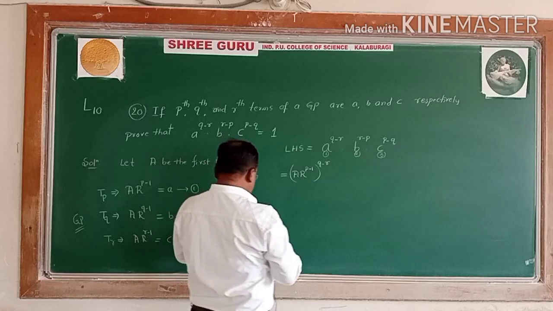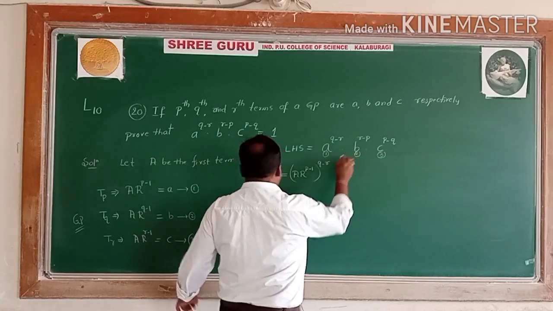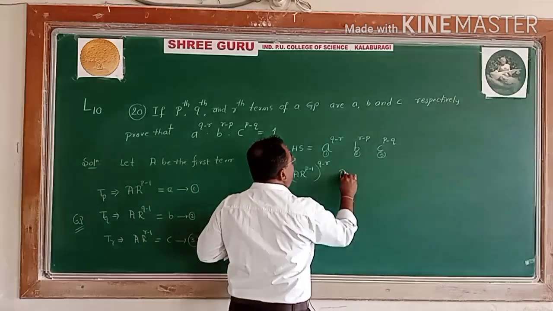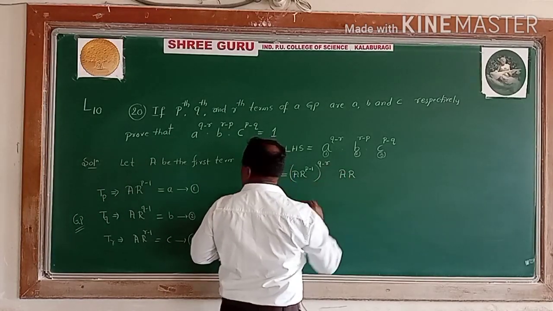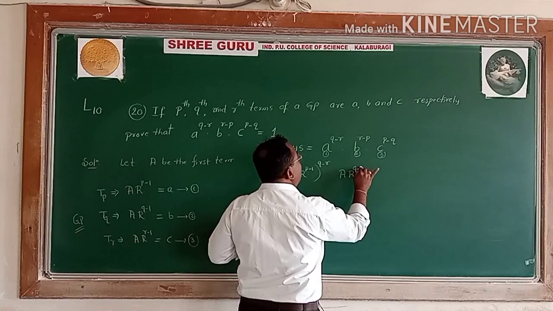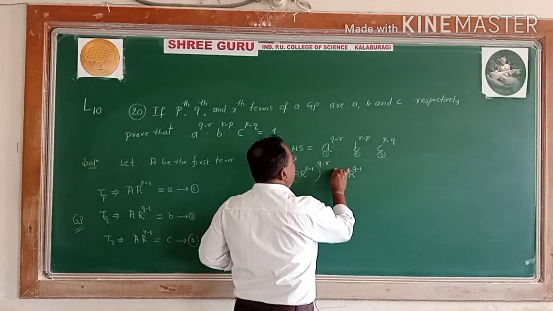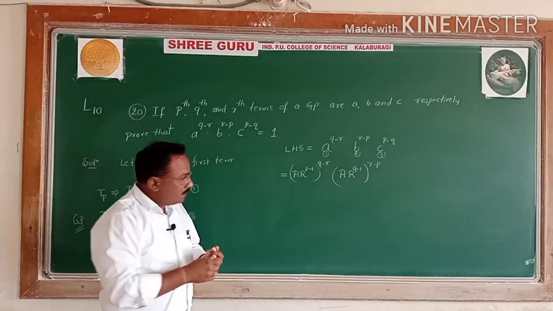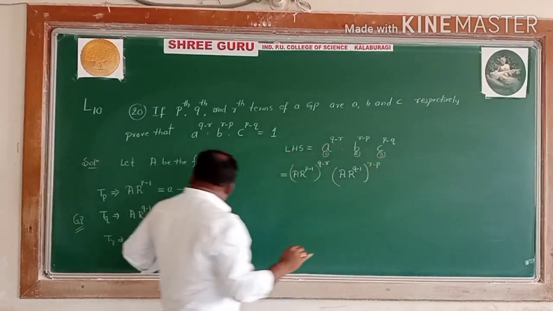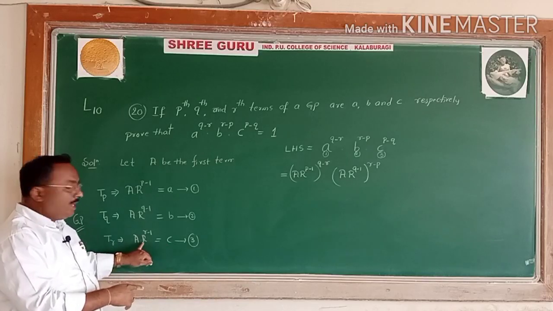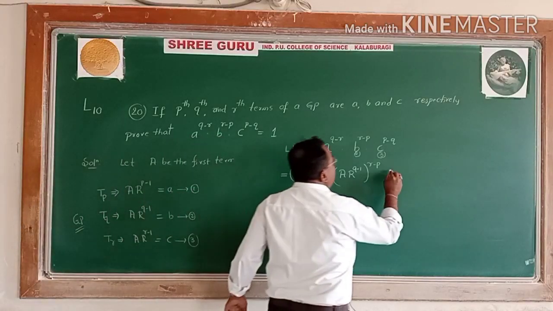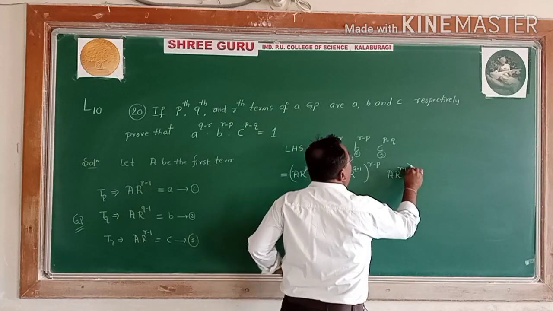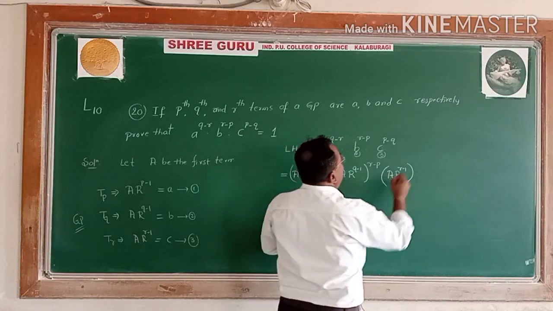Next B is A into R to the power q minus 1, whole to the power r minus p. Next C is A into R to the power r minus 1, whole to the power p minus q.